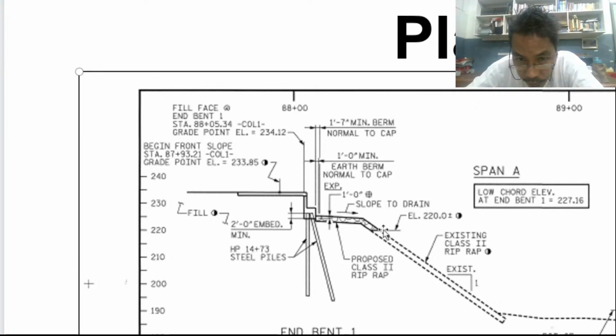Next we have 1 foot minimum earth berm, normal to cap, just below the first line of the specification. So 1 foot berm.